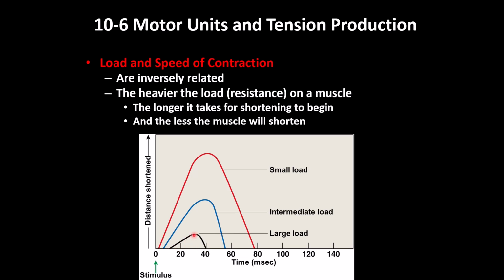So the amount of tension that is produced may not be as much, because the load is so high that even if you try to produce a lot of tension, the muscle cannot contract as much, so the length of the muscle may not shorten enough. That again depends on the situation and the type of activity, but here we are talking about the timing and the speed of the contraction. So here it will be shorter, and it takes longer time to start.